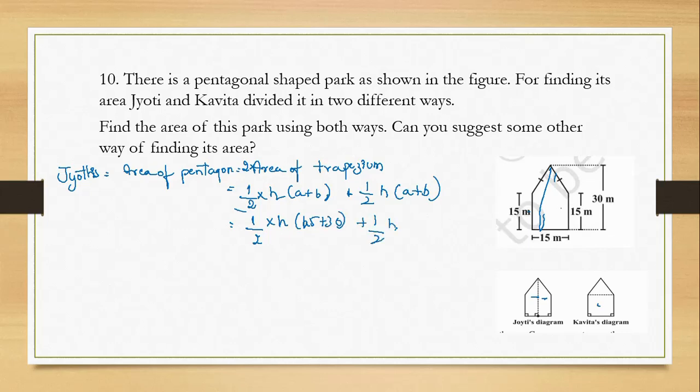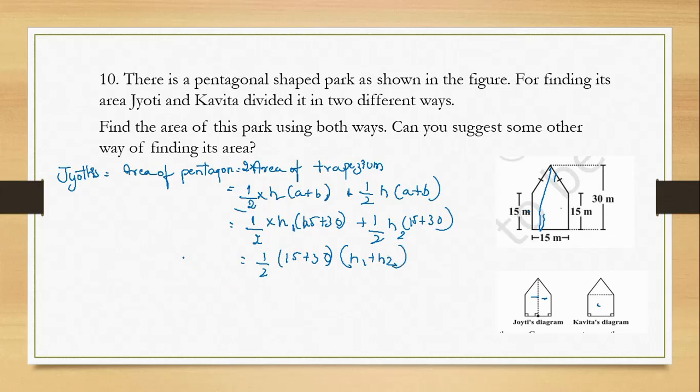Here also same for the another trapezium. So we want to take the common things here, because this is h1, this is h2, so 15 plus 30 of h1 plus h2.